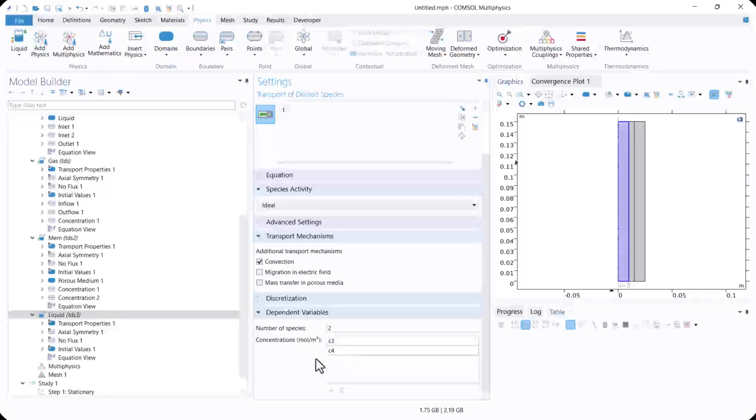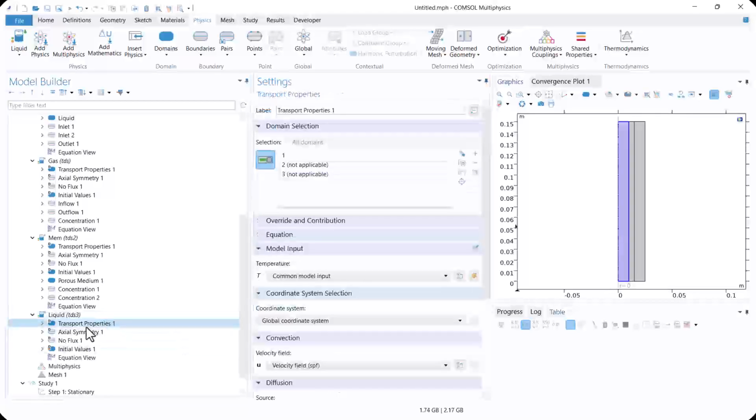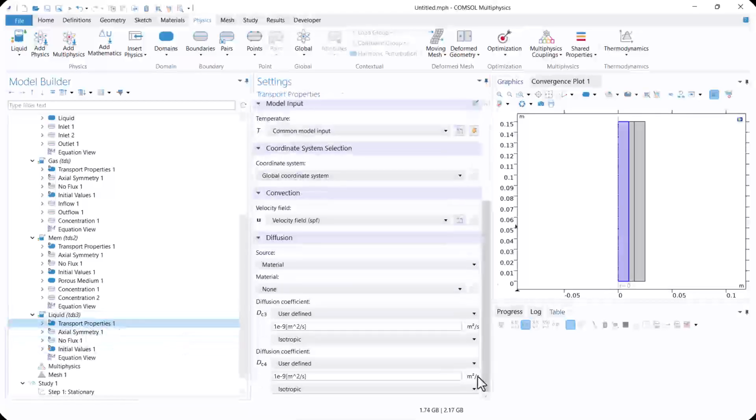So we need to consider it. Now we click on diffusion here. As you can see, we have 1E-9 for the diffusion of C3, and for C4 we have 0.5E-9 for the liquid component.